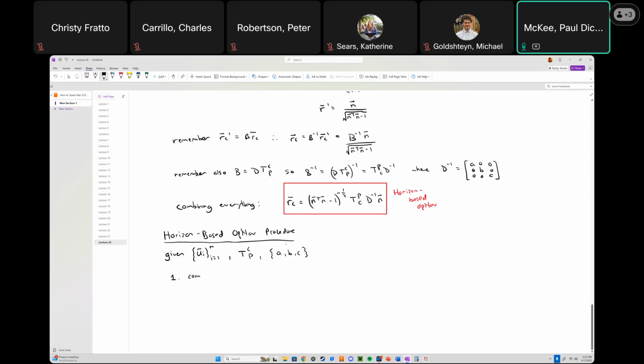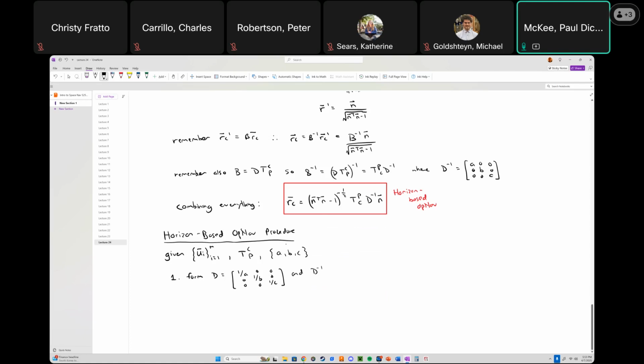If we know these things, then number 1, we will form, actually, maybe compute isn't quite the right word, I'm just going to say form. Do we need both of these? Yeah, I guess we do. D, which is 1 over A, 1 over B, 1 over C along the diagonal, zeros elsewhere.